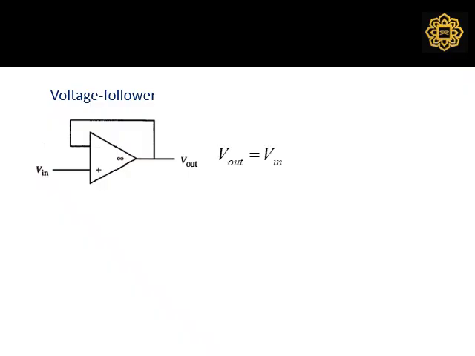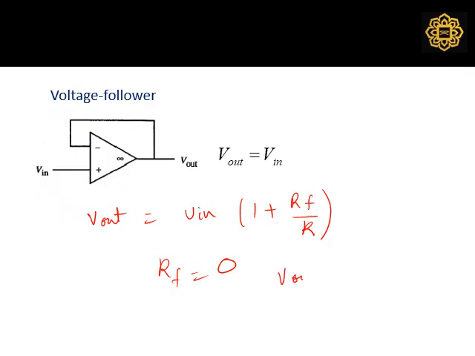The formula for a non-inverting amplifier is V out equals V in times 1 plus RF by R. Because it is short circuit now, RF can be equal to 0. In that case, V out will be equal to V in. So this is a simple voltage follower circuit.